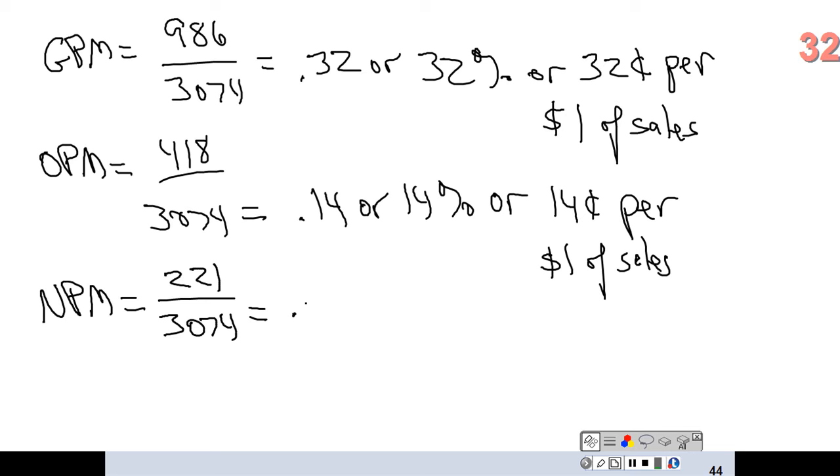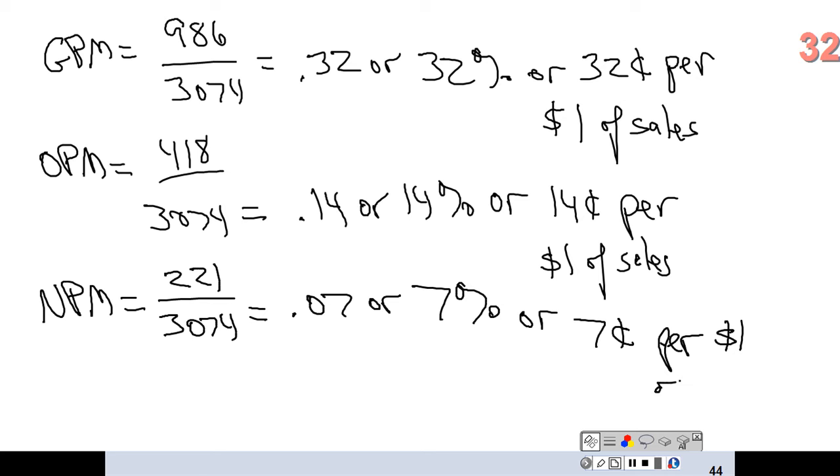Okay, so 0.07 or 7%, or 7 cents per $1 of sales. So when this company sells $1's worth of stuff, whatever it is, it makes a net profit of 7 cents.